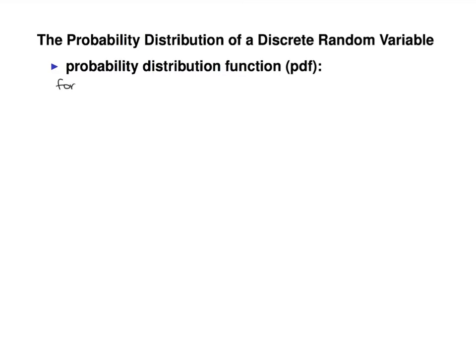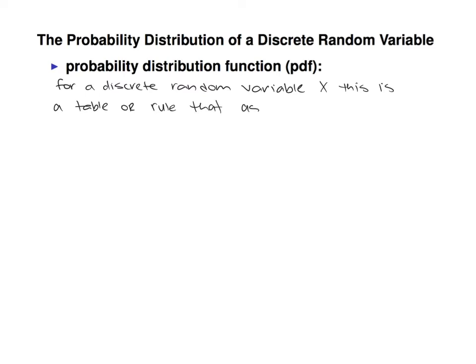So for a discrete random variable x, this is a table or a rule that assigns probabilities to all possible values of the random variable x.